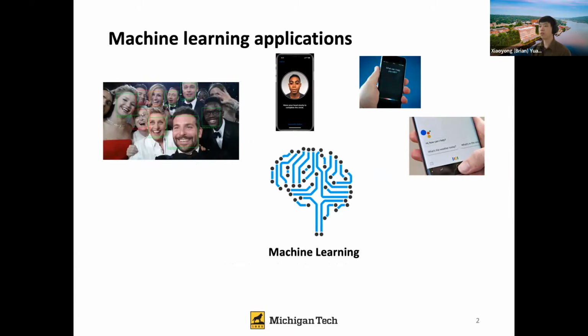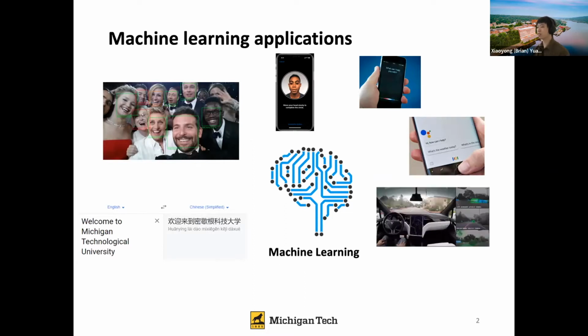Or you may use Google Translate to understand a foreign language. Or you may, like me, think Tesla is my dream car for now because of its self-driving features. All of these are machine learning empowered applications, and all of these are just the tip of the iceberg, really. Machine learning is around us everywhere we look, touching every facet of our human existence.